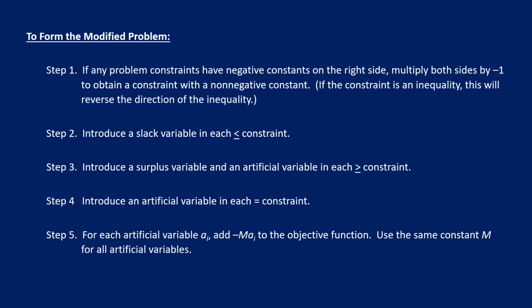In every greater than or equal constraint, we introduce both a surplus and an artificial variable. In any equal constraint, we introduce an artificial variable. And then for every artificial variable that we have added, we subtract m times that artificial variable to the objective function using the same constant m each time.